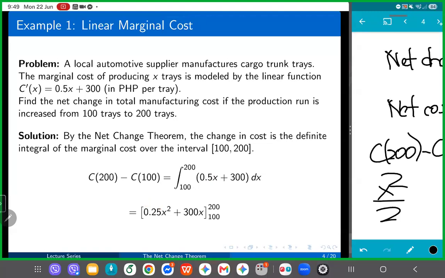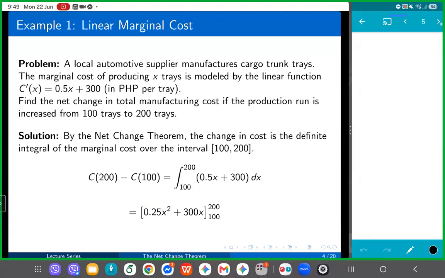0.25. Remember also that the integral of a constant is kx. So the integral of 300 is 300x.